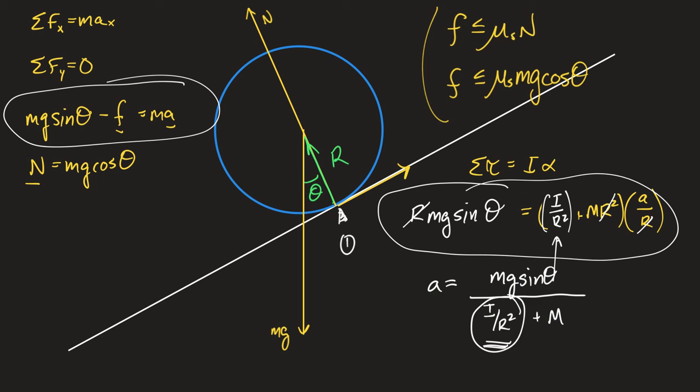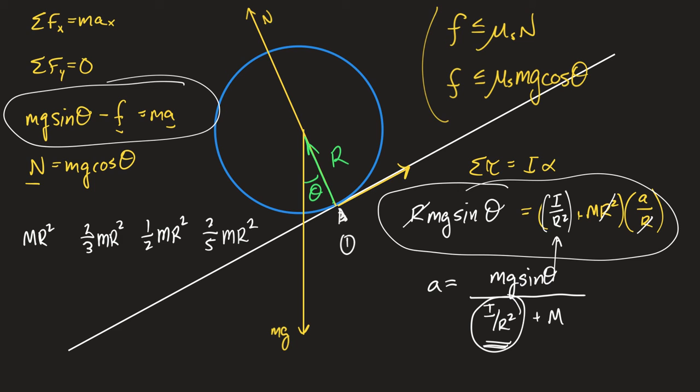Thus, a ring has the slowest acceleration. In fact, if we put them in order, there's mr squared for the ring, 2/3 mr squared for the hollow sphere, 1/2 mr squared for a disk, and 2/5 mr squared for a solid sphere.